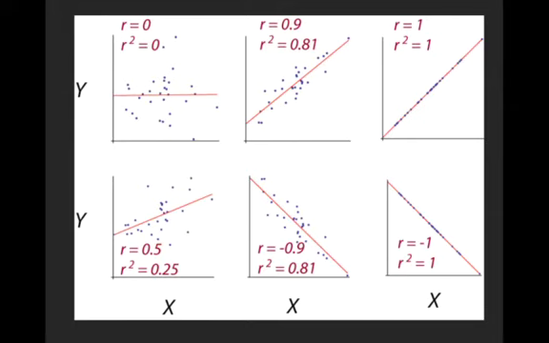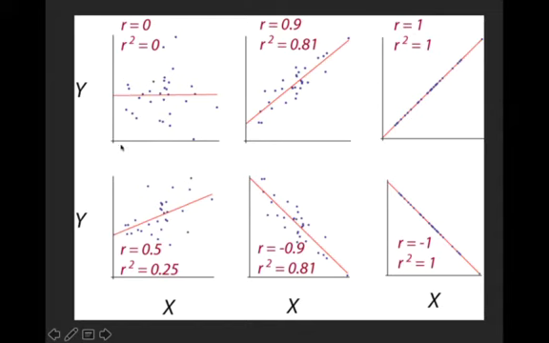Just a couple examples to bring this around of how you can incorporate this idea of slope, this R, and this idea of R squared. So in this upper left, we have no slope, and none of that slope is explained by our data.